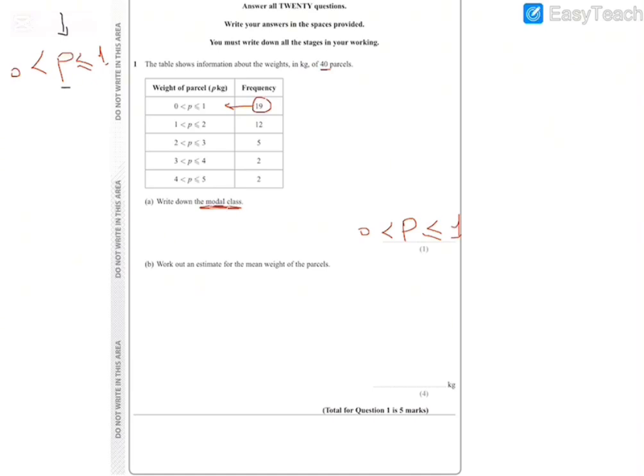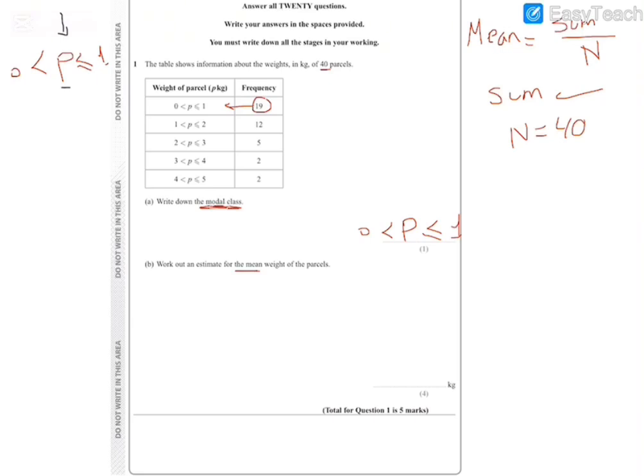Before we take number B, work out the estimate of the mean. What is the mean, my student? The mean equals the sum over the number. So I have to find the sum, and the number he gives me is 40.